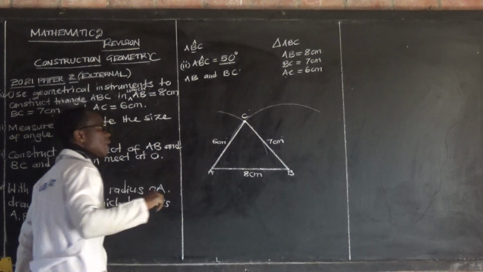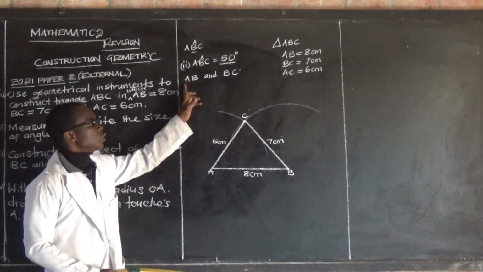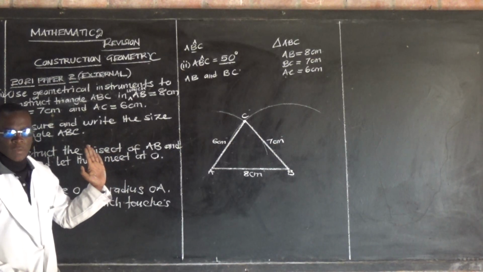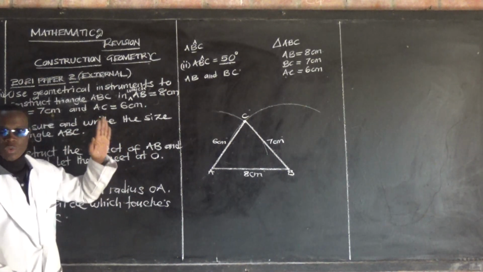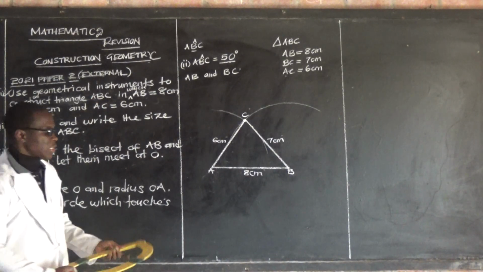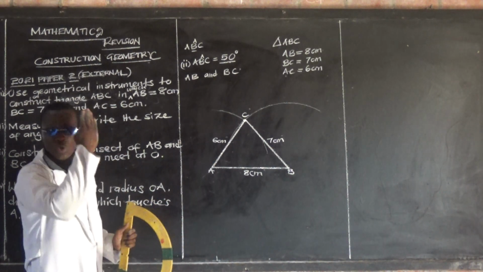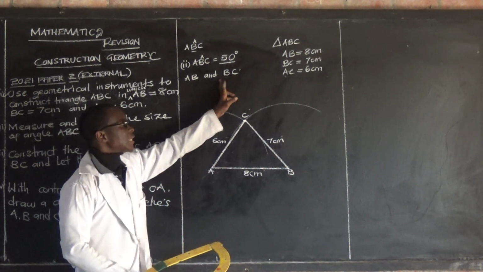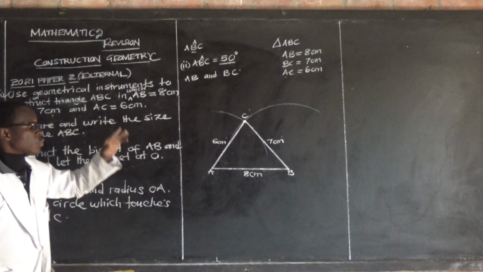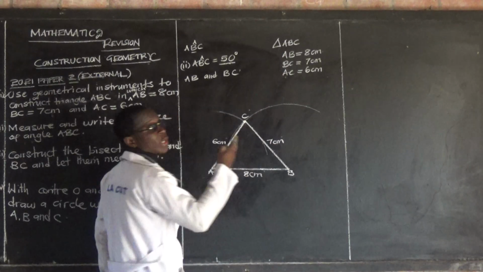What they mean is they want you to come up with a line which cuts AB into 2 equal parts. So this is AB. Then bisecting BC simply means they want us to come up with a line which is going to cut BC into 2 equal parts.